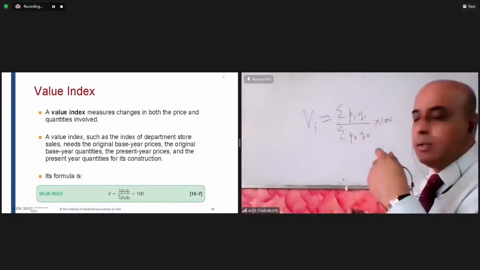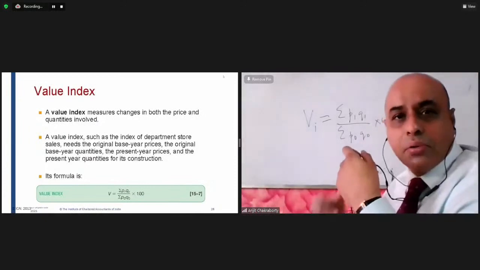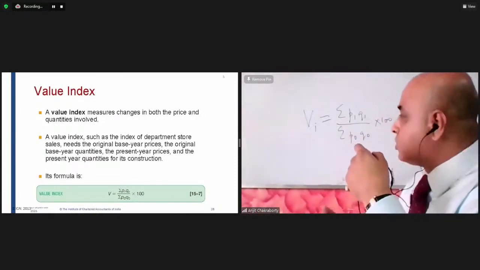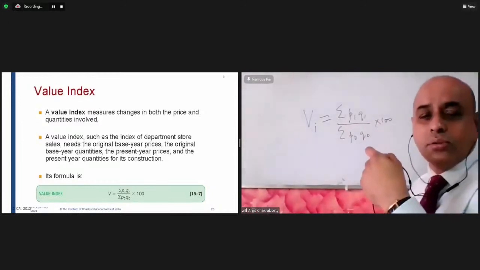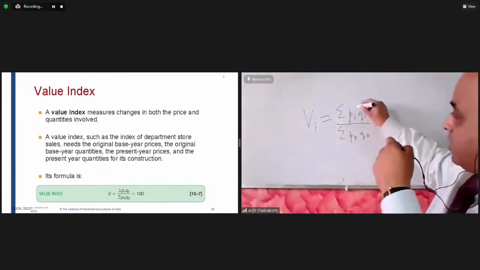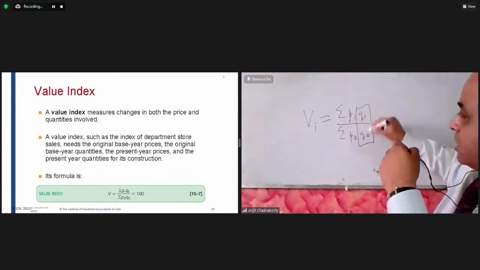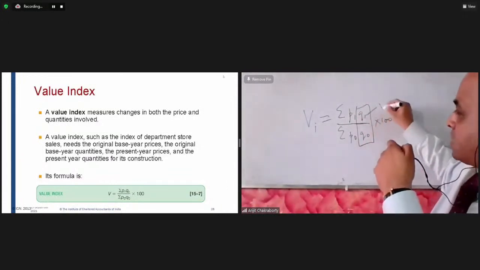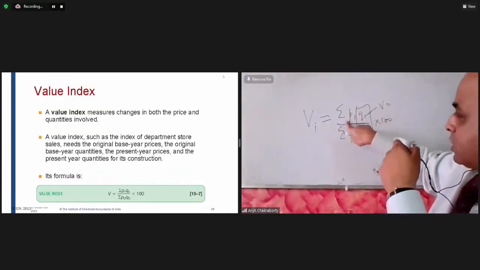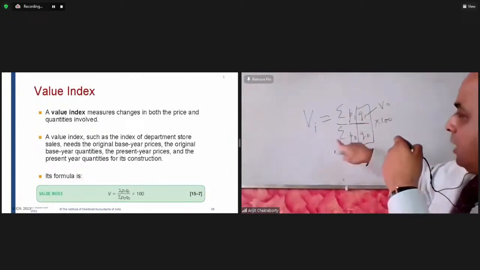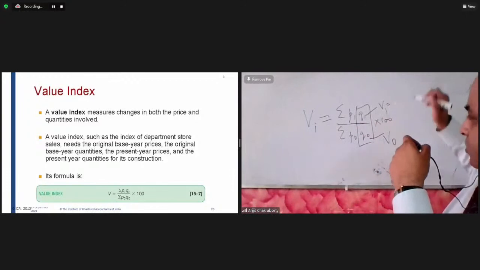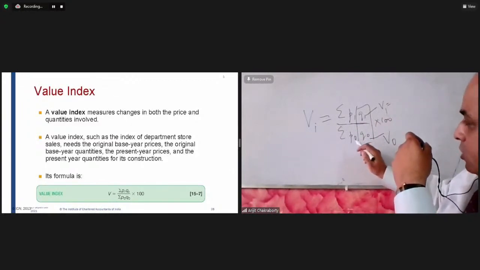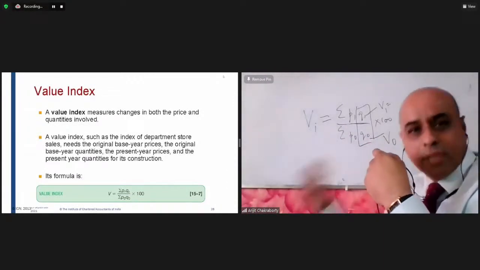If you are given certain inputs, P1, Q1, P0, Q0, please kindly note that the weights are different. P1Q1 means the value in the current year, today's price into today's quantity. And P0Q0 is V0, the base year value: the base year's price multiplied by the quantity of the base year.